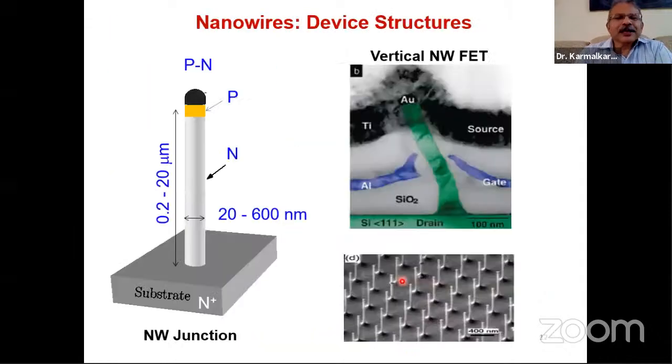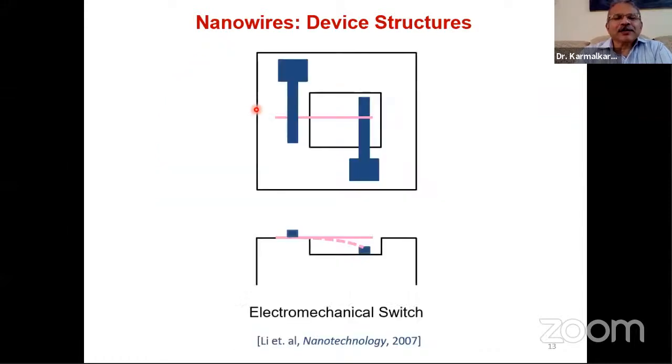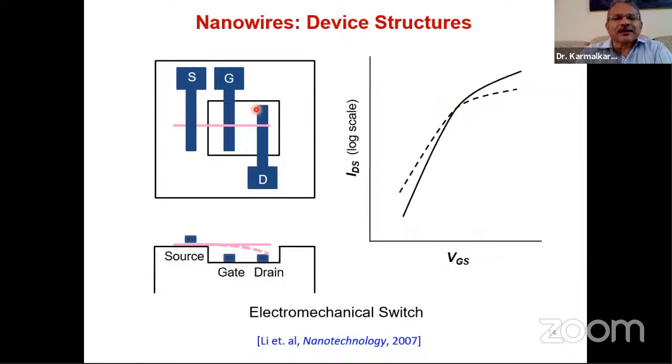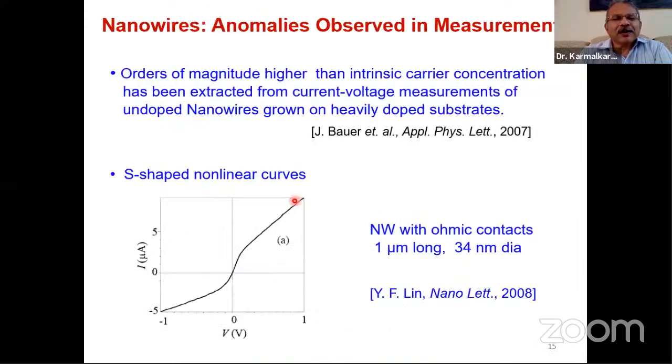Consider a situation like this: if this region was not a wire but a full bulk material, a bigger material, and the same metal was put, we would have got a linear current voltage curve. But the moment you reduce the size of the semiconductor to a wire, the shape of the curve changes. So what is the explanation for this? We have to see what the explanation is. These are some of the observations.